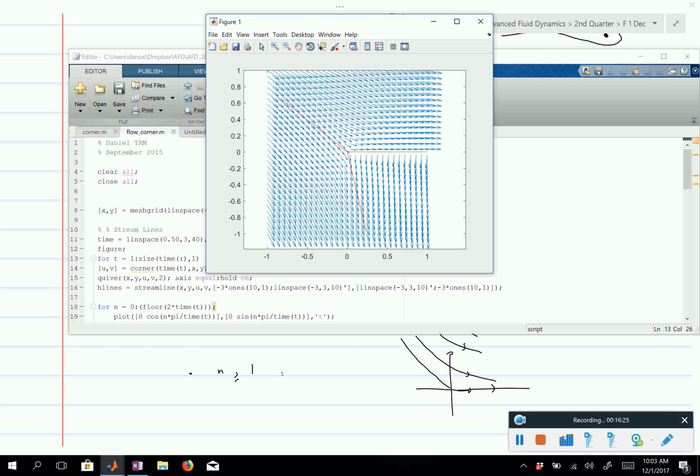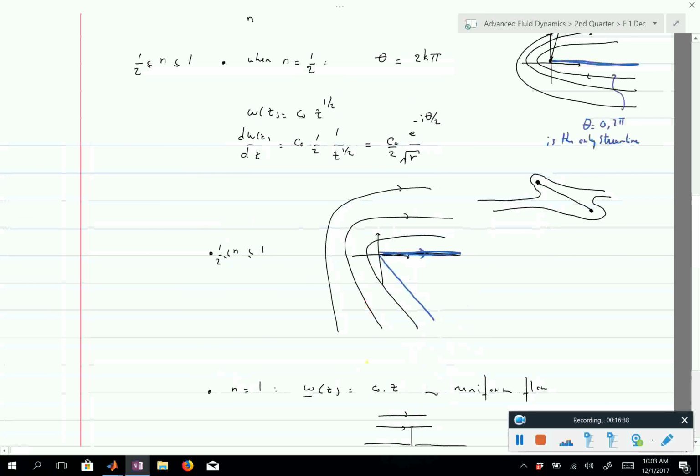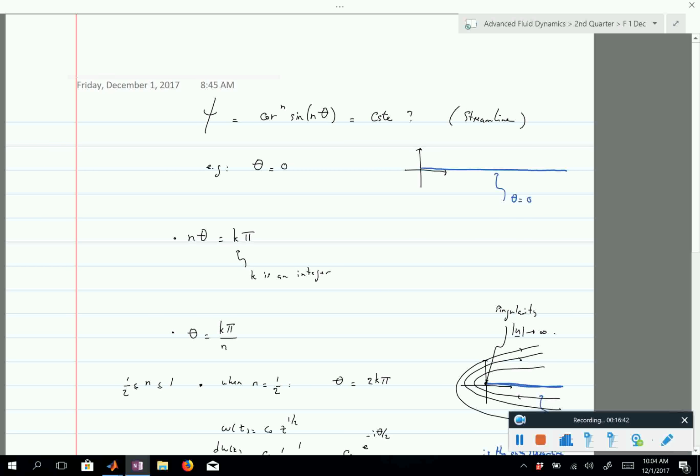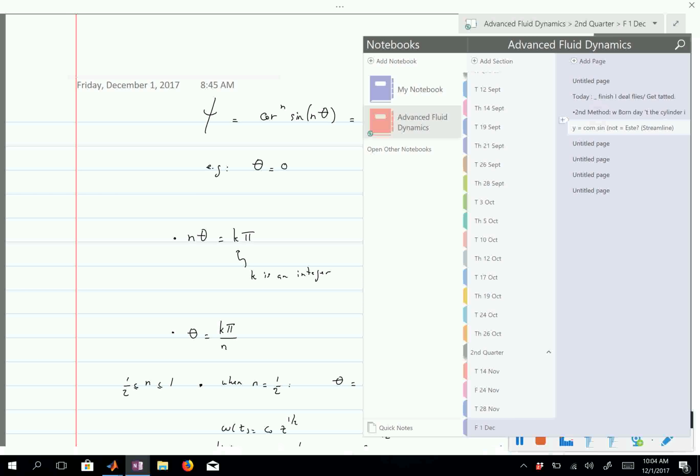At this point here now, what happens to the velocity? You may not see it, but it goes to 0. So the velocity here will go to 0. You can see that from the potential. Let me go back to this slide.